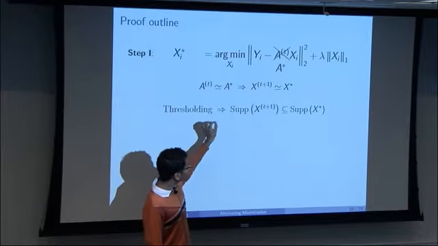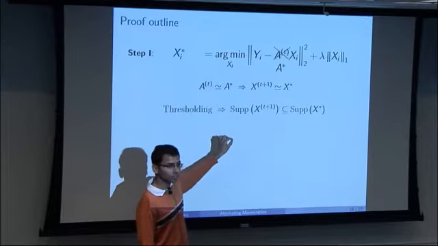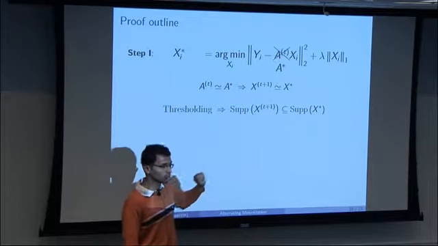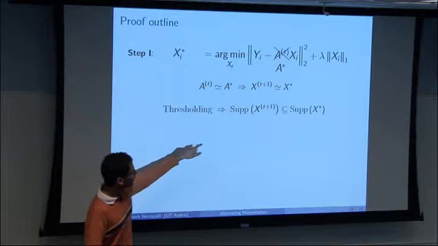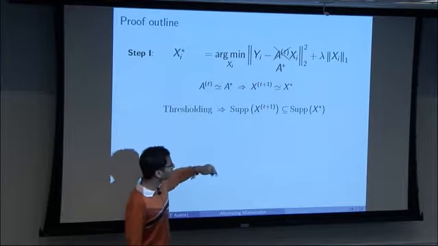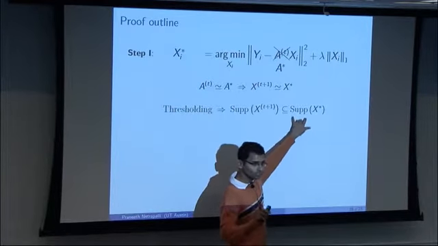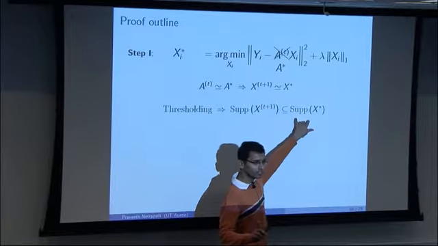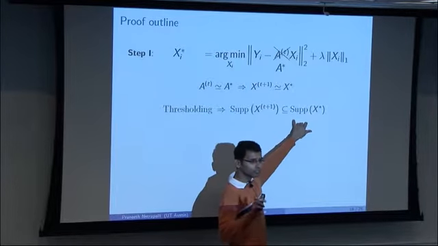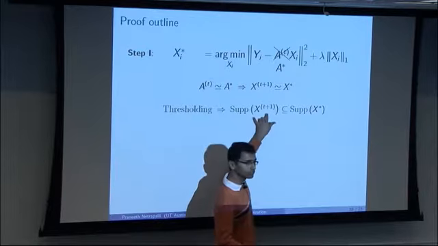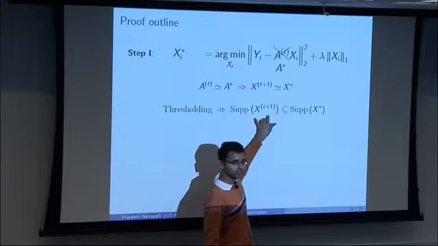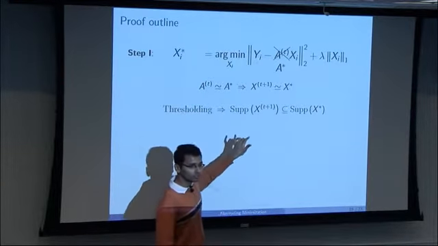And after the thresholding step, we would have set it to 0, and so the support of x_{t+1} is contained in the support of x*. This is very important for our results, because if we establish something on the support of x*, which is just one random matrix, then we essentially have the same property for all the iterates in each and every iteration. So we do not need to use a union bound or anything of that sort.